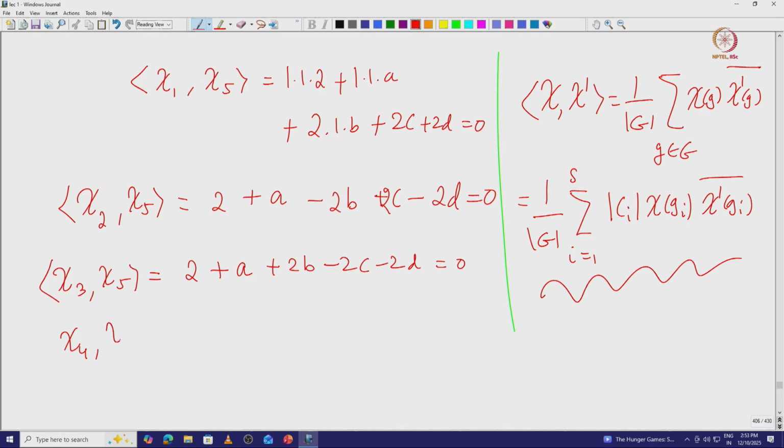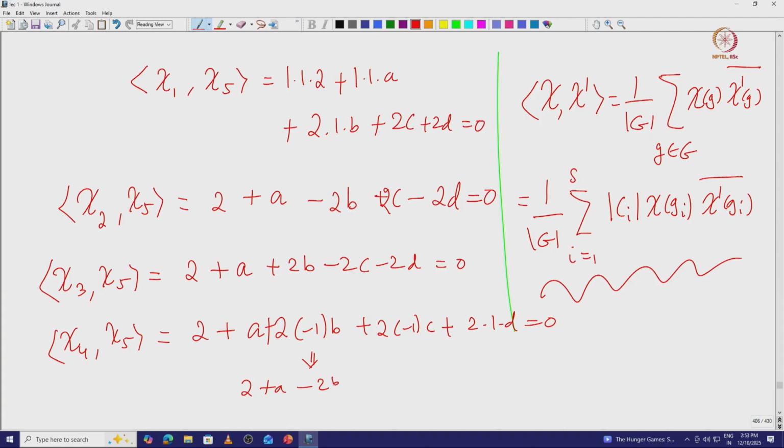Similarly, chi 4 chi 5 is 2 plus A, and the number of elements in the conjugacy class is 2 and the value is minus 1 and then B, again similarly plus 2 times minus 1 times C plus 2 times 1 times D, which is equal to 0. So, this is exactly 2 plus A minus 2B minus 2C plus 2D equal to 0.